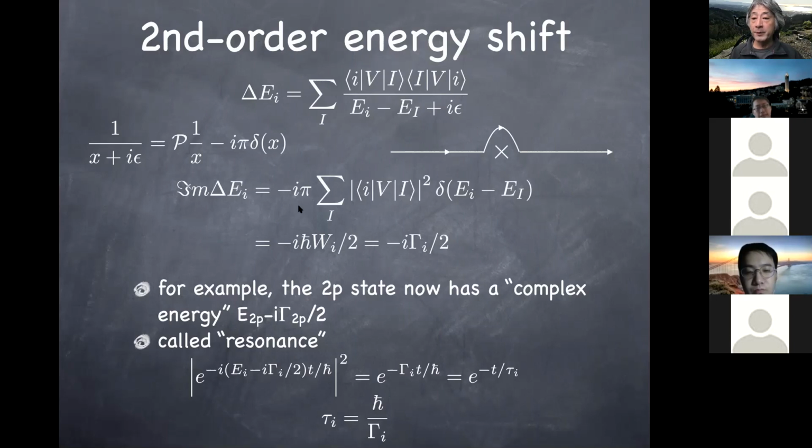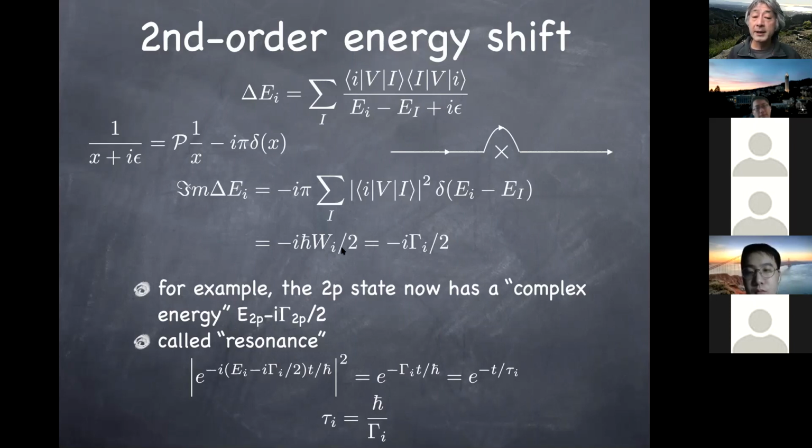And then if you remember Fermi's golden rule, this expression is precisely the decay rate of the 2p state. That's the probability per unit time that the 2p state goes into this initial state I. In our case, that's the initial state with the ground state 1s and the photon.